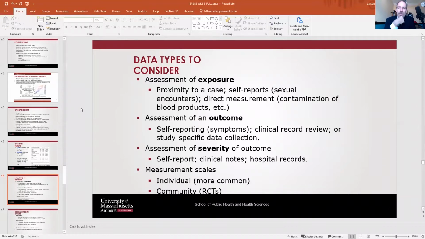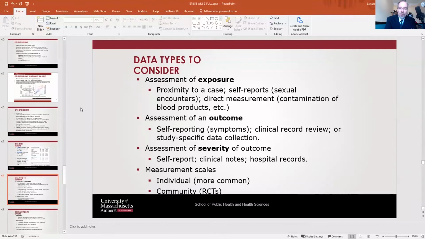So you have to be very careful and figure out how to strategically get at the information you want. Self-reports, especially with sexual encounters, can be somewhat unreliable sometimes. Recall bias can be a very, very big problem, particularly with foodborne exposures. People can't remember what they ate 2 days ago, let alone 2 weeks, let alone a month. I know I can't. I can barely remember what I ate an hour ago.